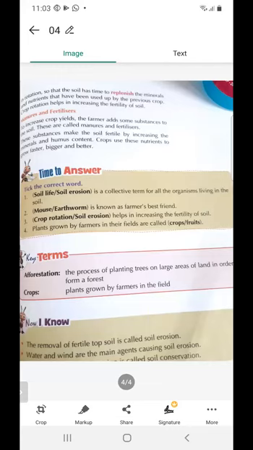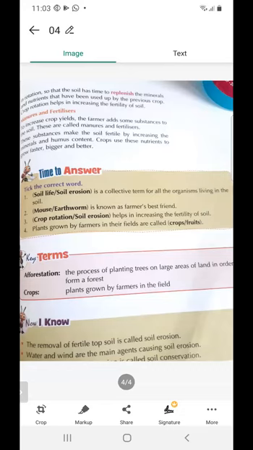So next is time to answer. Soil life is a collective term for all the organisms living in the soil. Dash is known as the farmer's best friend.